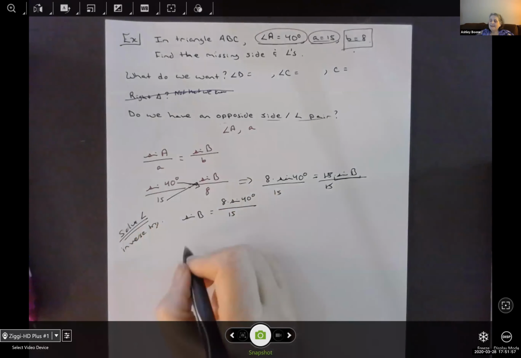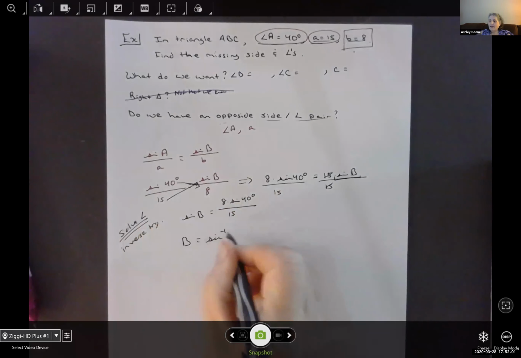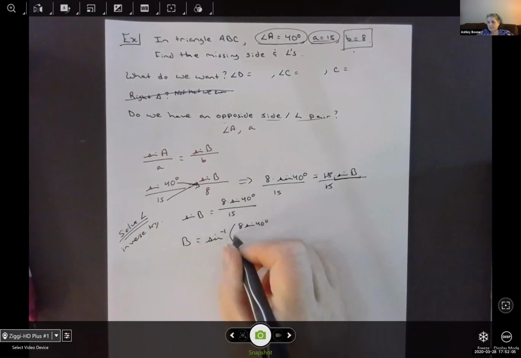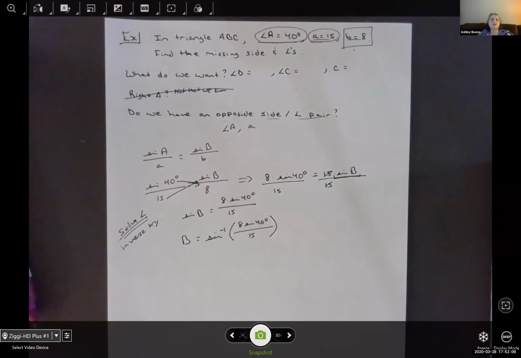So B is actually the inverse sine of that fraction. B is equal to the inverse sine of 8 times the sine of 40 degrees over 15.